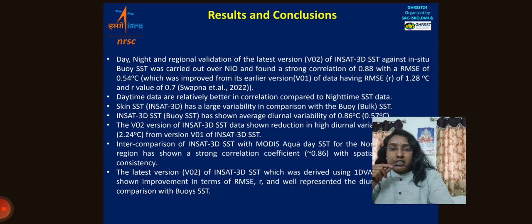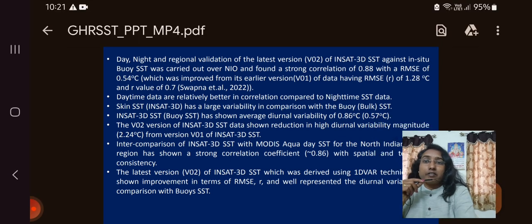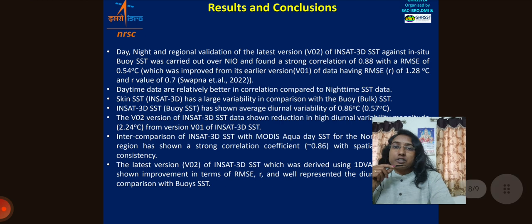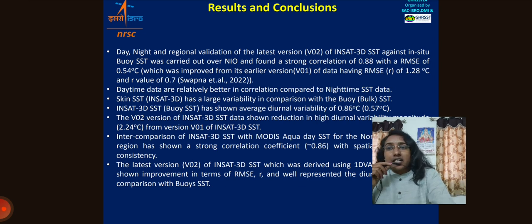With previous versions of INSAT-3D SST data, we have carried out the validation from 2015 to 2017. Those results are explained in the paper Swapna et al. 2022. Coming to the diurnal variability of this INSAT-3D SST, buoys are showing average diurnal variation of 0.57, whereas INSAT-3D SST is showing 0.86 degrees centigrade.